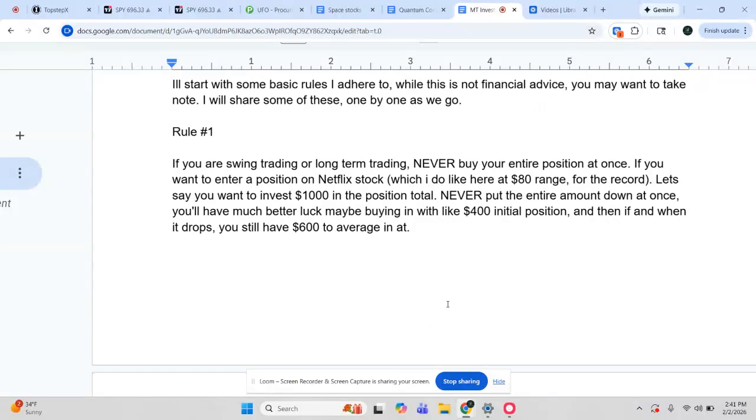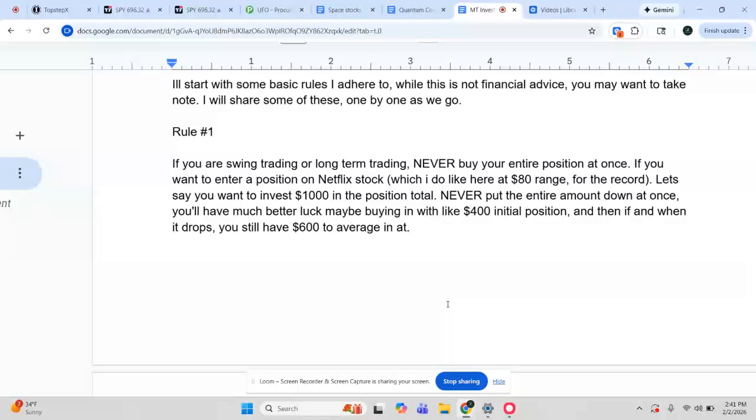If you are swing trading or long term trading, never buy your entire position at once. I see this all the time. People go long and let's say they want to put $1,000 in a position. Boom, they put $1,000. Stock drops. Okay, now what? Now you're screwed.